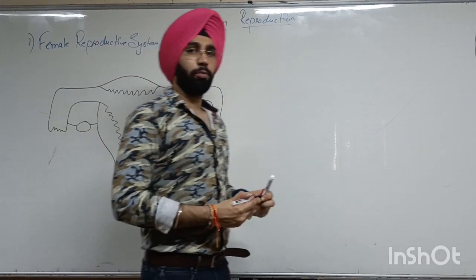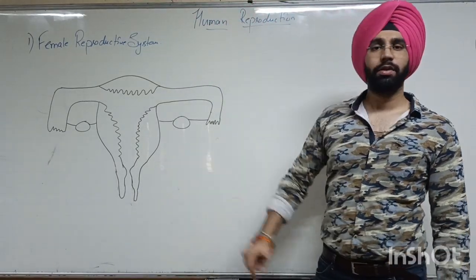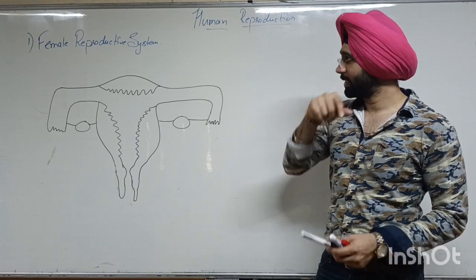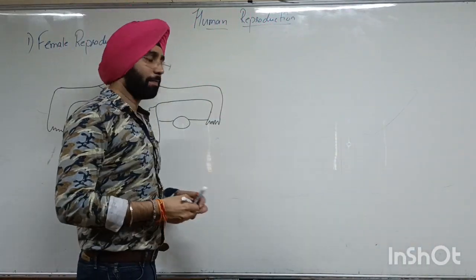So this is the female reproductive organ which I have drawn, and we are going to label this diagram.